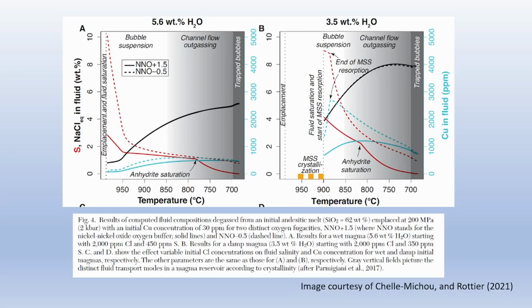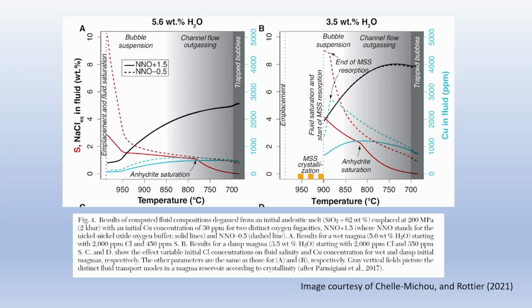So let's shift to a drier scenario in this panel with only 3.5% water. This changes everything because it starts out water undersaturated. The magma doesn't degas immediately, so no bubbling, no copper escape yet, but as it cools, it enters a special stage called MSS resorption, which stands for magmatic sulfide resorption.